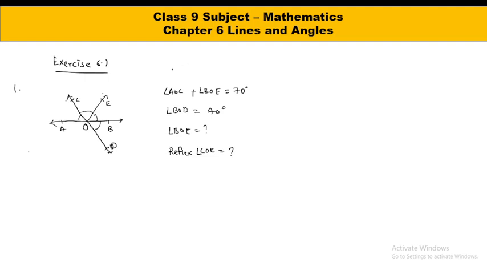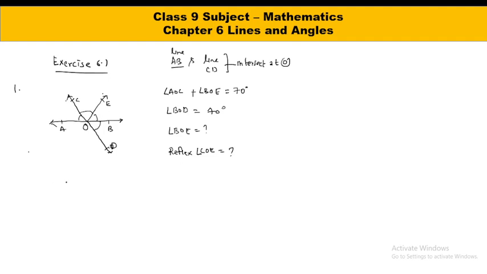Initially they have given that line AB and line CD, these two lines intersect at point O. So now let us solve this question.